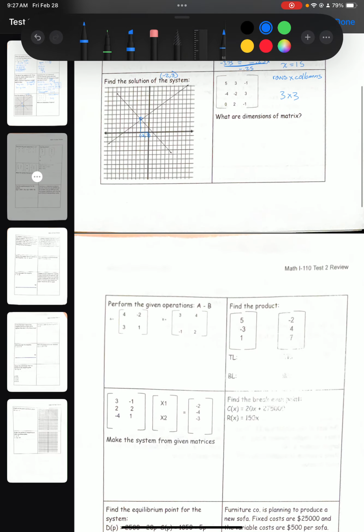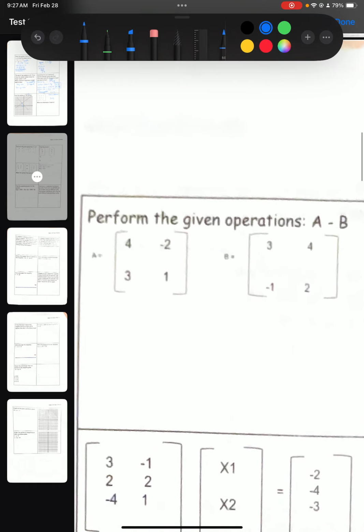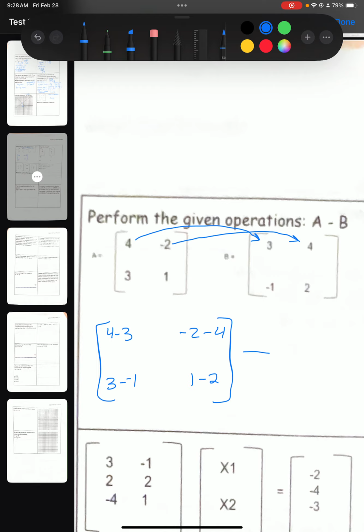All right, next one. Perform the operation A minus B. So again, when you're adding or subtracting, you're matching up entries and just doing the operation. So we were given 4 minus 3, negative 2 minus 4, 3 minus negative 1, and 1 minus 2.